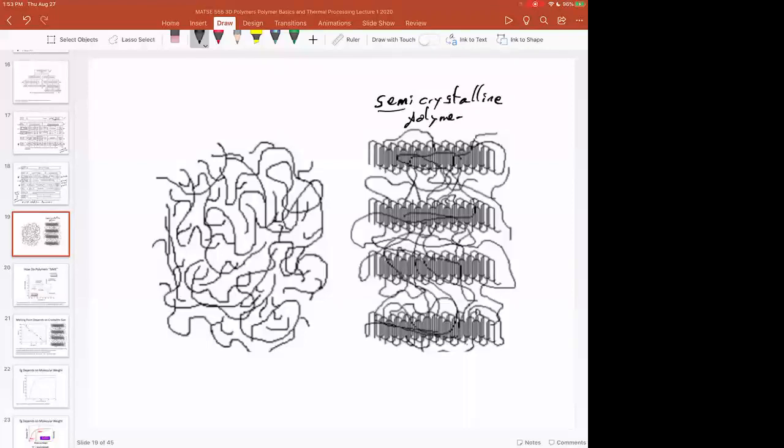And of course, semi means partially or a fraction of crystallinity. And so this part is a polymer crystal, and we represent it as a chain folded lamellae.